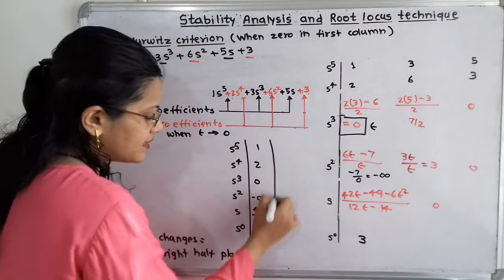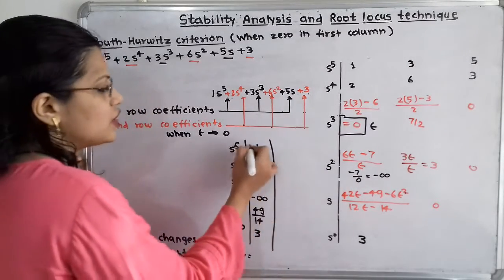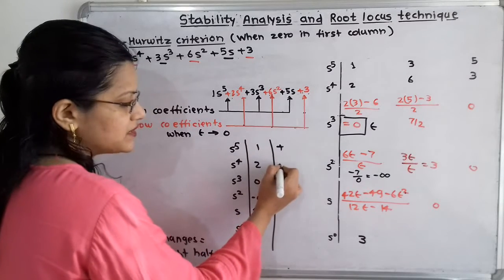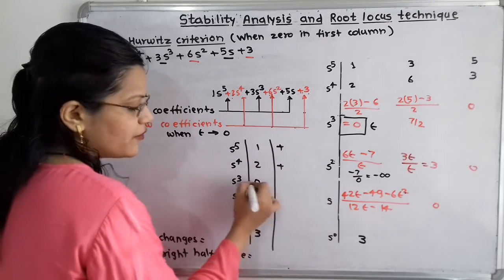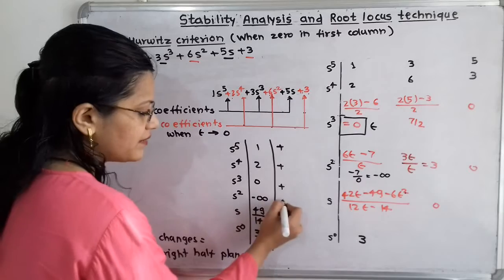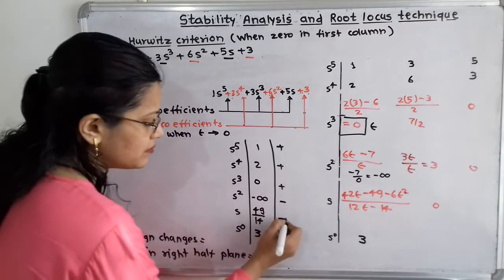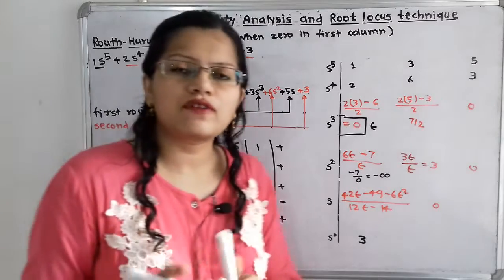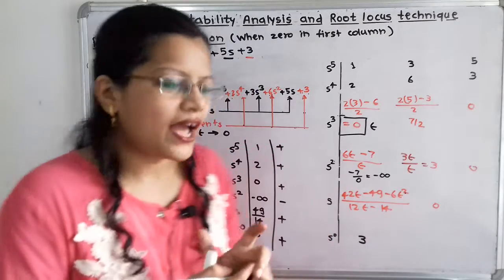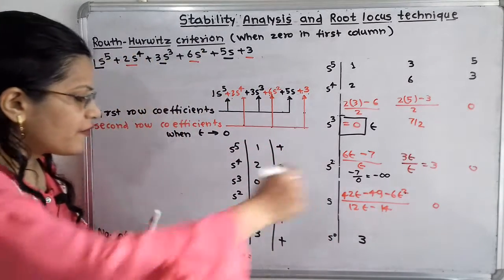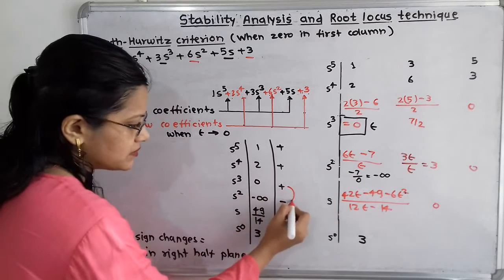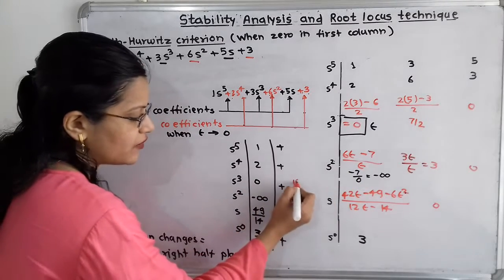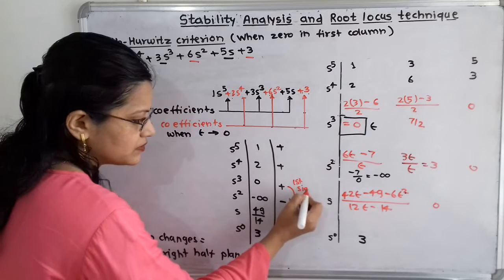Now we have to determine the changes in sign. So I will write here the next column is for sign. Here first value is plus sign, then plus sign. Here for 0 it is plus sign, then infinity is having minus sign, plus sign and plus sign. Now how many changes in sign? From plus to minus, that is a change in sign, so this is the first sign change.